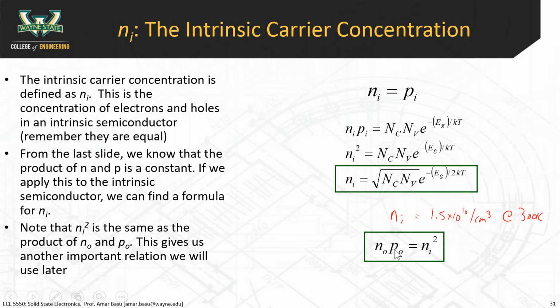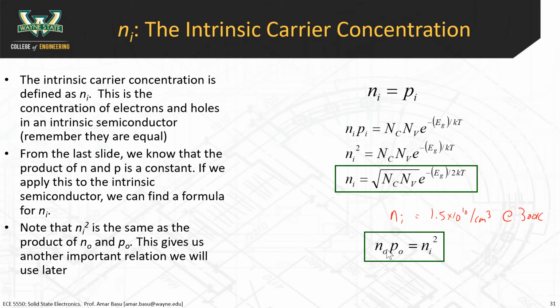The typical way you'd use this formula is that I say, okay, we dope the semiconductor N-type 10 to the 16th per centimeter cubed. So as David said, the electron concentration is equal to that same amount, 10 to the 16th per centimeter cubed. Ni is a constant at room temperature, and so from that formula, you can figure out your P concentration, your hole concentration.